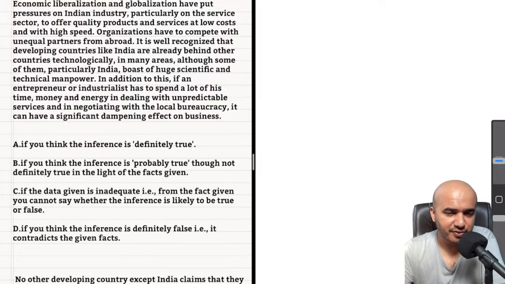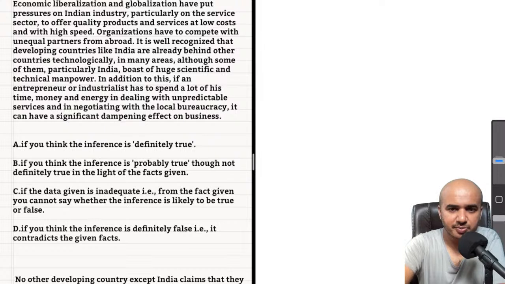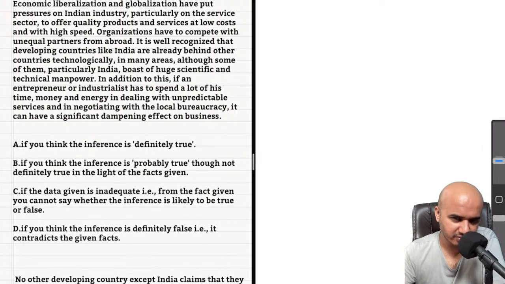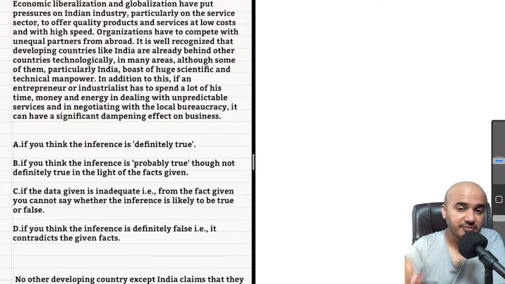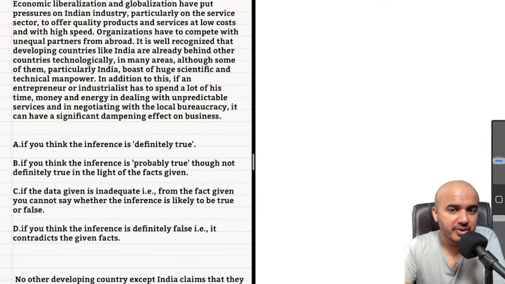In addition to this, if an entrepreneur or industrialist has to spend a lot of his time, money, and energy in dealing with unpredictable services and in negotiating with local bureaucracy, it can have a significant dampening effect on business. So we know in India, we have to deal with bureaucracy all the time. We do not know whether they will even efficiently work or not. In most cases, they won't.